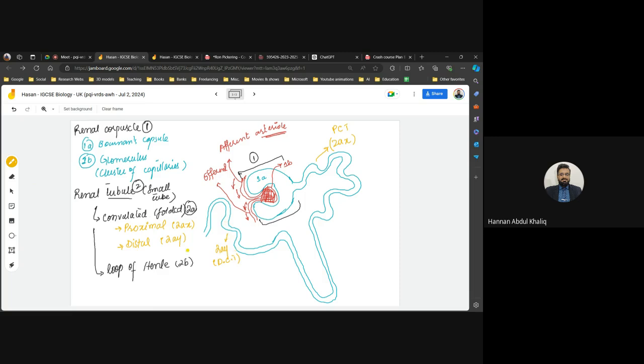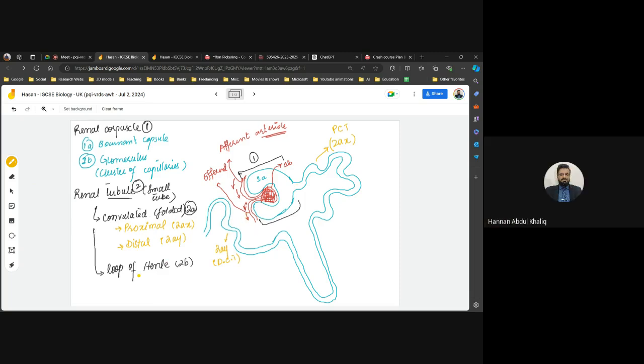Distal to the reference point, that is the renal corpuscle. The renal corpuscle is the reference point, and the folded tube closer to it is the proximal convoluted tubule. The folded tubule at a distance from the renal corpuscle is called the distal convoluted tubule. Understood?